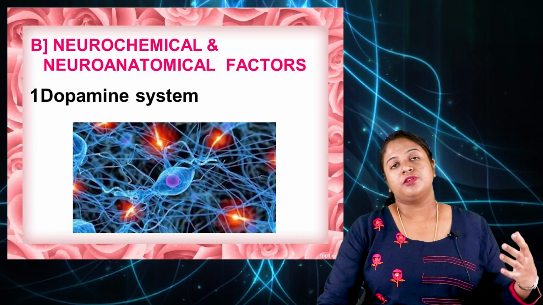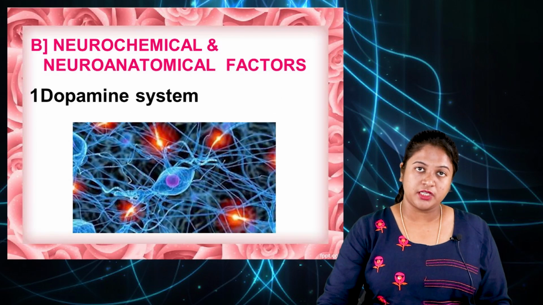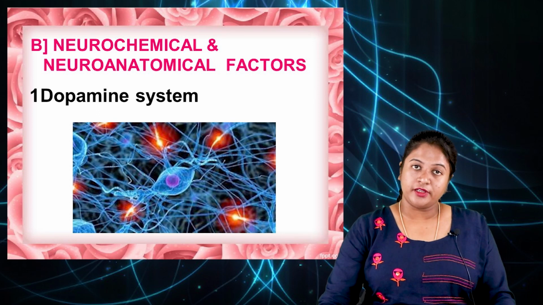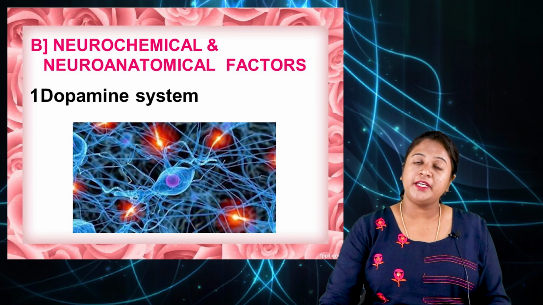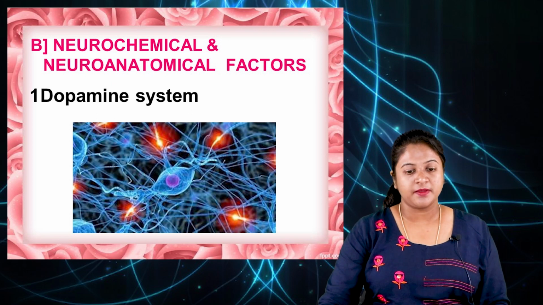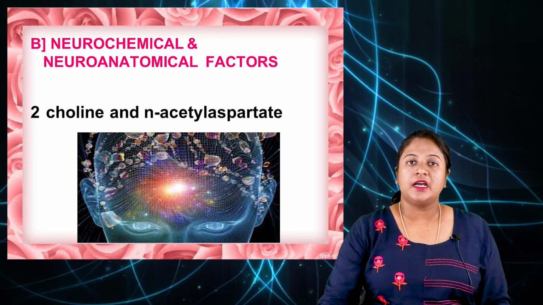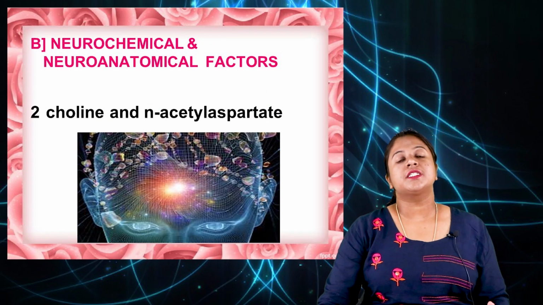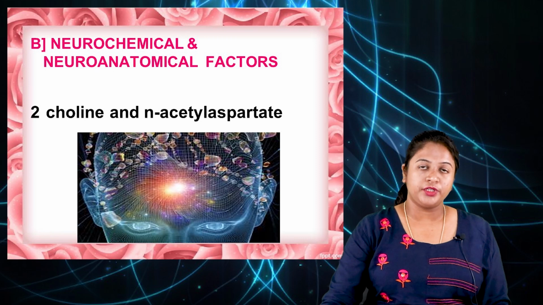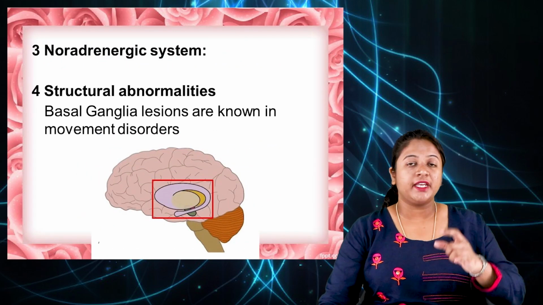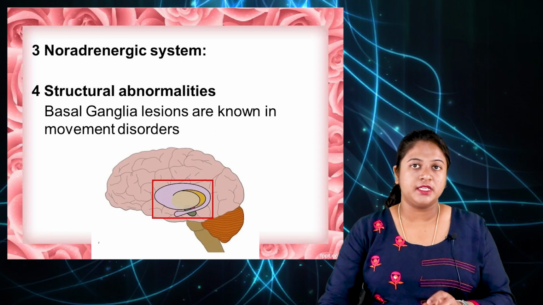The second one is the neurochemical and neurostructural changes. It is found that persons with Tourette's disorder have abnormalities in the dopamine receptors or the dopaminergic system. There is also an imbalance in the acetylcholine levels. Structurally, there will be lesions in the basal ganglia which can lead to the movement disorder or these tics.